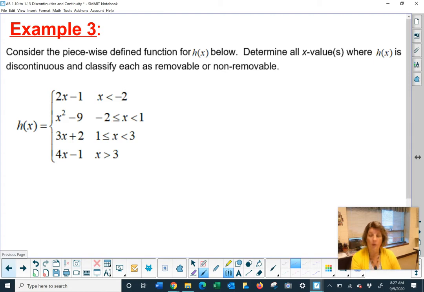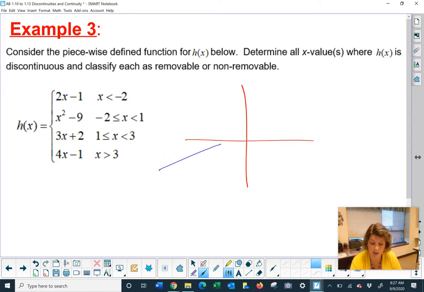What concerns me on piecewise functions are the spots where they hand off. So it looks like I'm coming into a linear function, then a parabola, and then I'm back to linear, and then more linear. How do these functions connect?